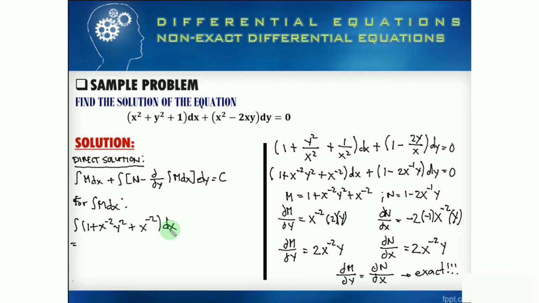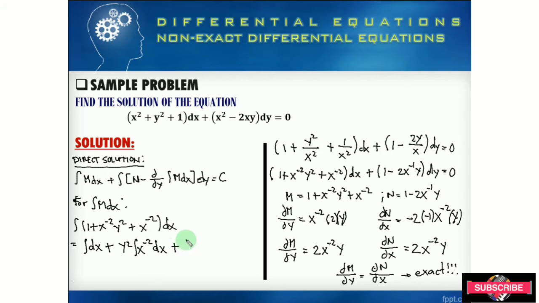Since this is dx, our variable is x, so we consider any other variable except x as a constant. So distributing this, we have the integral of dx, plus y squared times the integral of x raised to the negative 2 dx, plus the integral of x to the negative 2 dx.